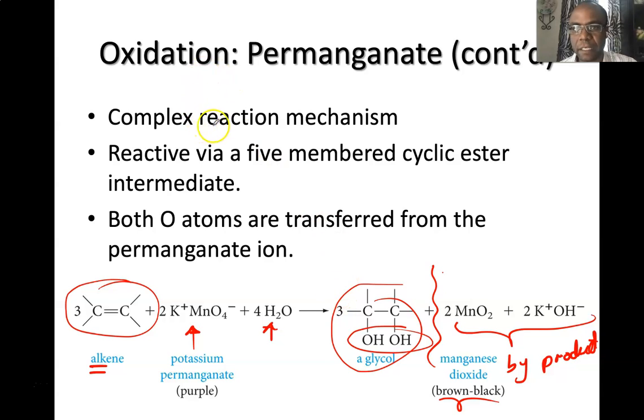Okay, the reaction mechanism goes through formation of a cyclic ester, and then the OHs are added thereafter. I'm not gonna go through the mechanism. It's just gonna maybe discourage you or take a lot of time. So let me give you examples, which is what I require for your quiz and test and homeworks.